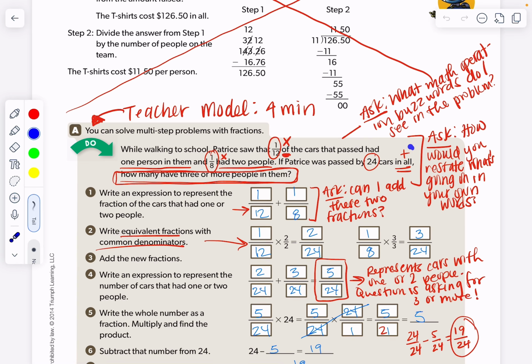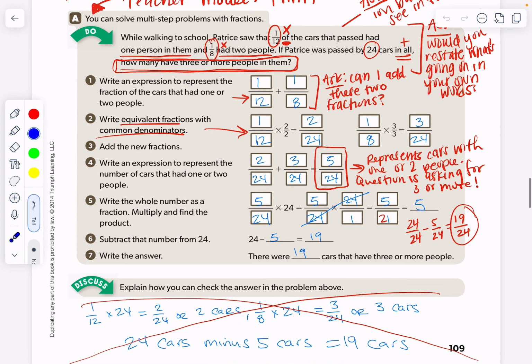We also know that "in all" tells us we're going to have to add. This is a great question as well because it lets us see that there are multiple steps in this question. So a student should not say that they're done if they have not done some semblance of multiplication and addition, right? And so the question takes you through a step-by-step of what students should do first.